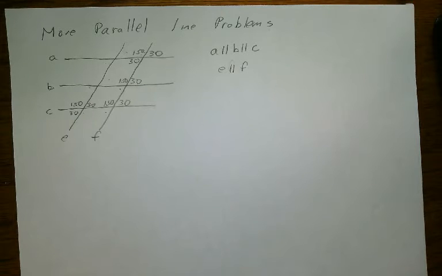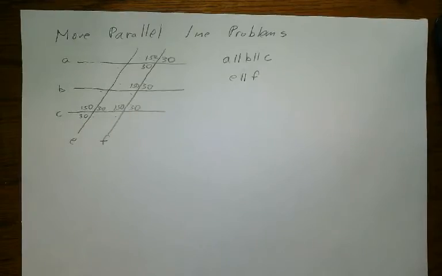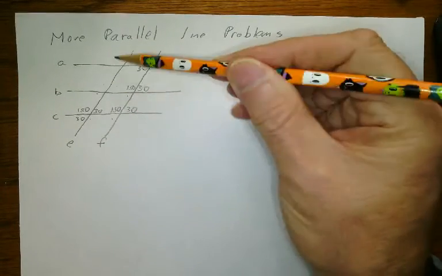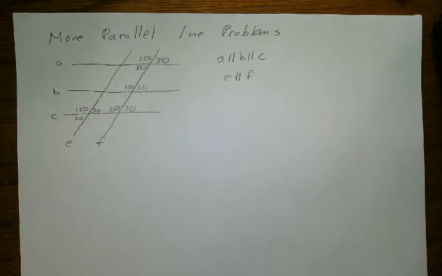All the other angles, obtuse, more than 90, are going to be the supplement of 30, which is 150. So you can go 150, 150, 150, etc. So you can almost say if they look equal, they are, and if they don't look equal, then they are supplementary. And that is one way to do these parallel line problems.